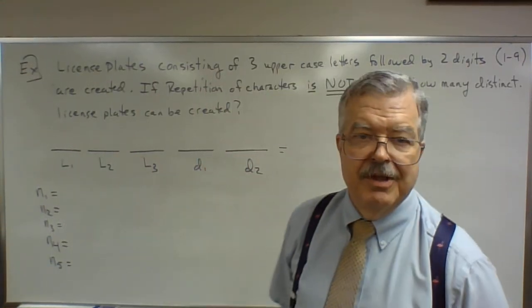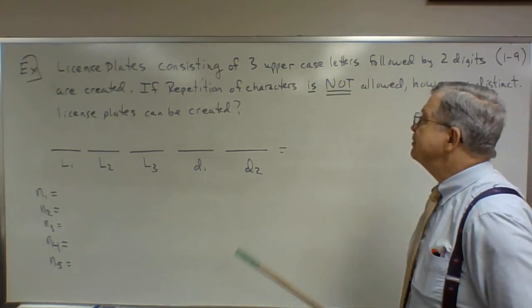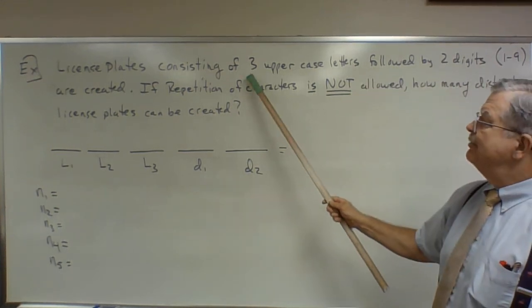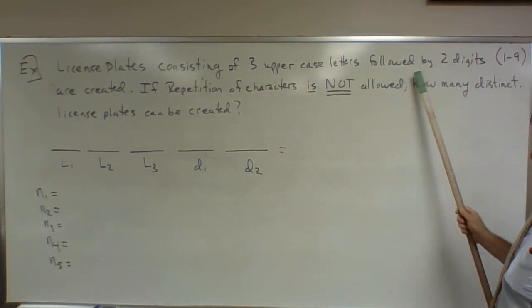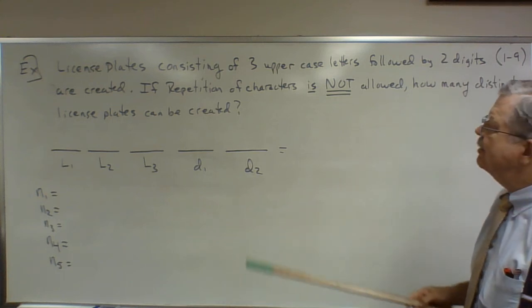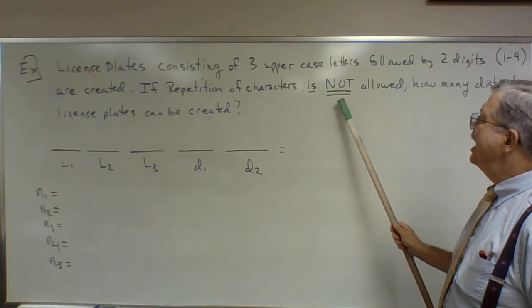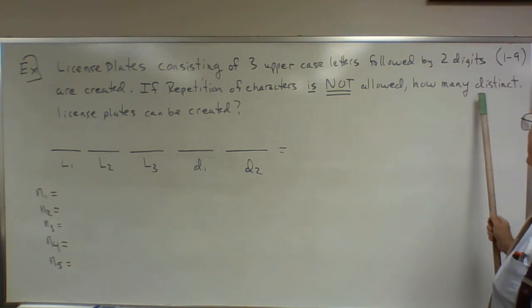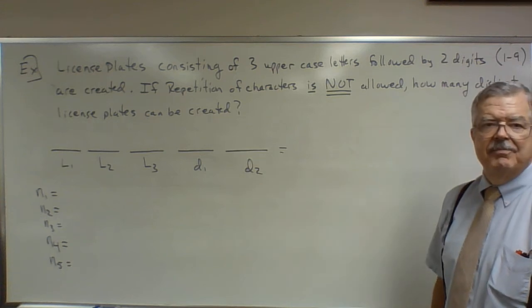Okay, let's do this again under a different premise. License plates consisting of 3 uppercase letters followed by 2 digits. And again, the digits just go from 1 to 9, so there are only 9 digits. If repetition of characters is not allowed, how many distinct license plates can be created?